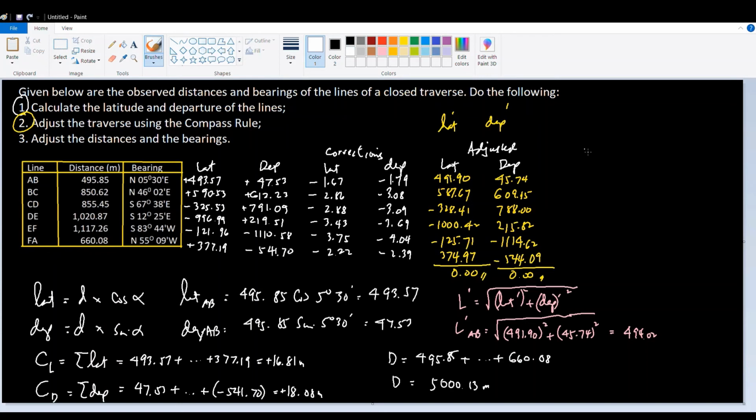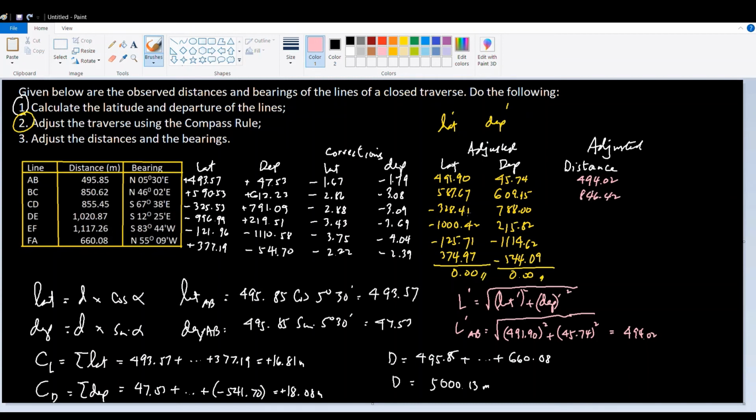And we apply the same formulas for the other traverse lines. So the adjusted distance or length, write it again. Adjusted distance for AB is 494.02. For the adjusted length of BC, it will be the square root of 587.67 squared plus 609.15 squared, and that should give us 846.42.